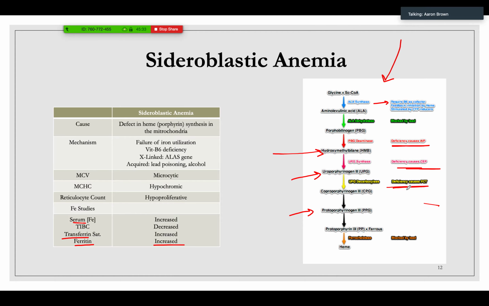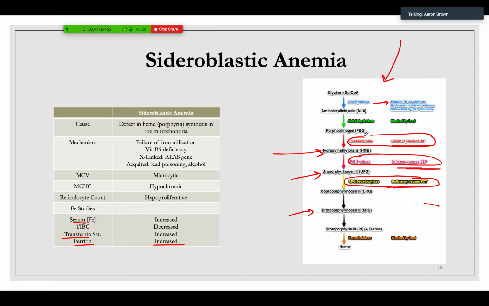They're called porphyrias, and they often ask about the enzyme deficiency. So PBG deaminase leads to acute intermittent porphyria. UPG decarboxylase leads to porphyria cutanea tarda. And so it's most important, I think, to learn these things. I'm just going to circle them right now.